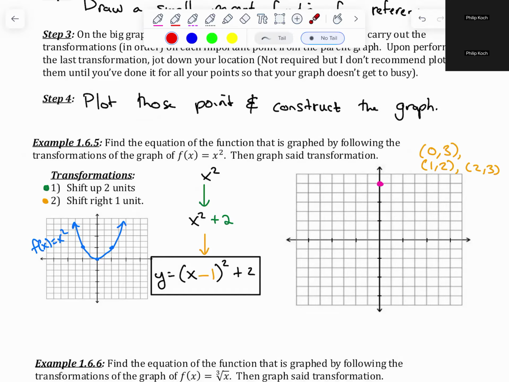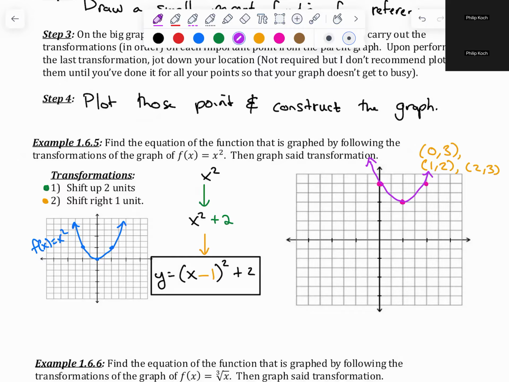I just find that it starts to muddy up my graph. So I'm going to plot those 3 points, (1, 2) and (2, 3) right there. And then I will connect them with a U-shaped graph. Like that. Because it should look somewhat similar. It should look like the exact same graph, just shifted around.